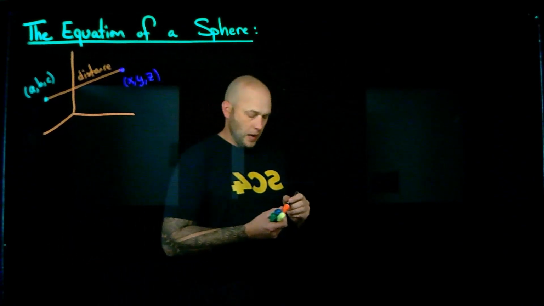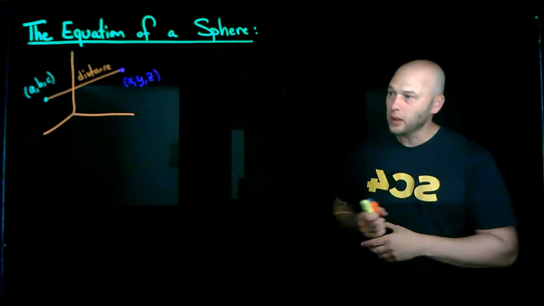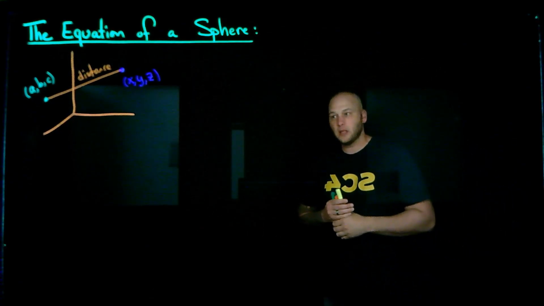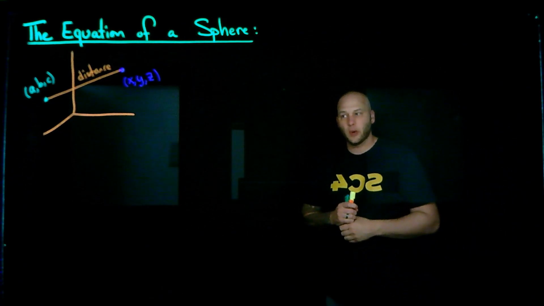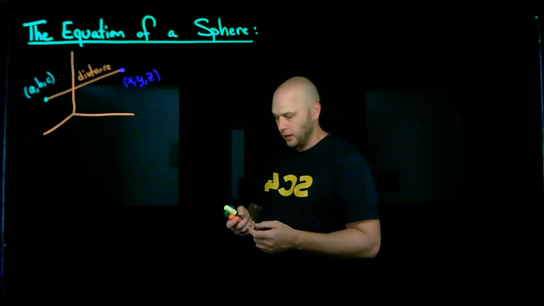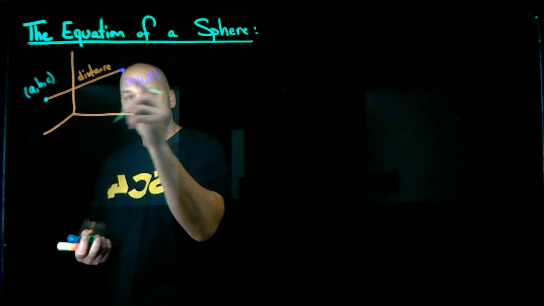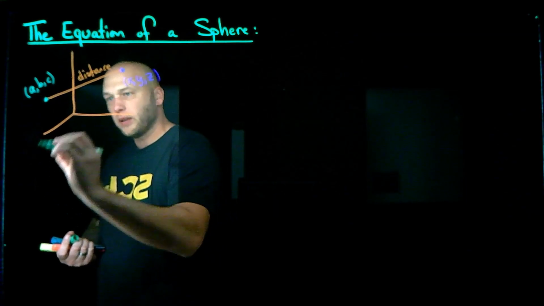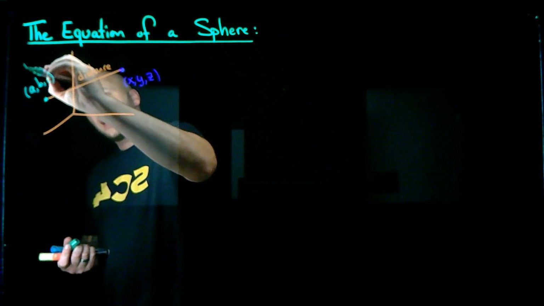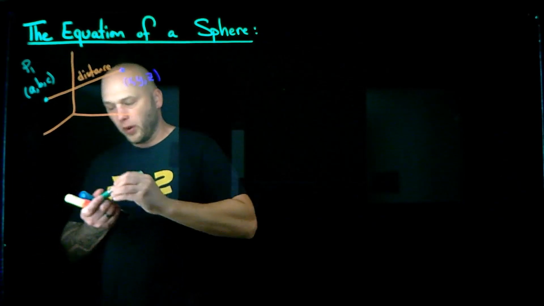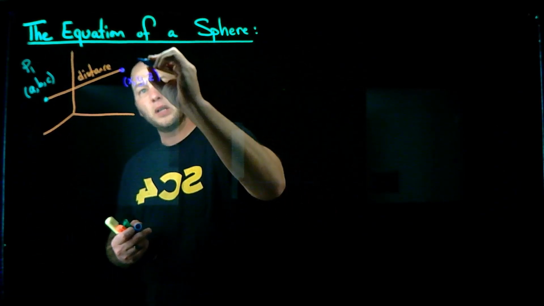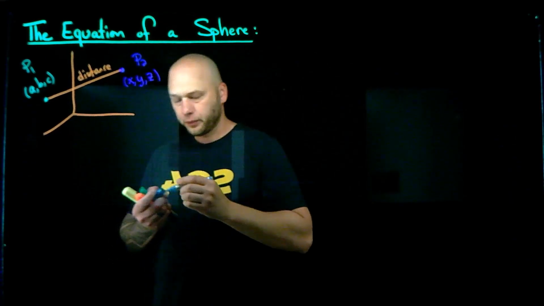Now, the distance formula between points in 3 space is very similar to the distance formula in the plane. And so let me go ahead and give that to you. The distance formula between these 2 points is given by, so again, let's say I label this one as P1, so point 1, and I'll label this as P2, so point 2.